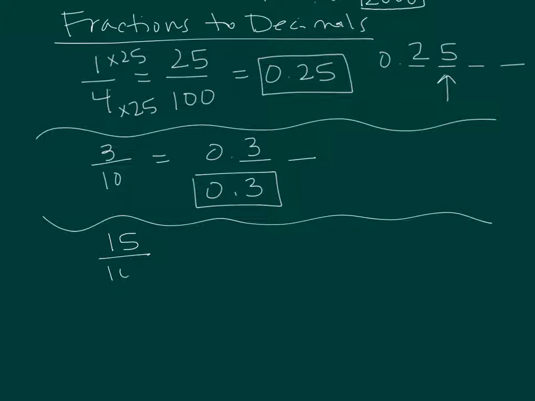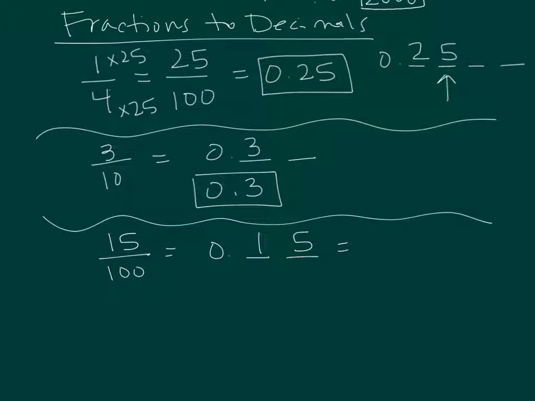15 hundredths. Guess what? We have a hundredths place. Remember tenths, then hundredths, then thousandths, but we don't need it because the 5, the last number, has to go in the hundredths place. So the last number here has to go in the hundredths place.